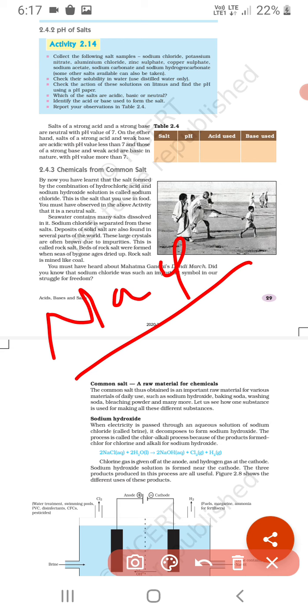As we all know, NaCl is a neutral salt, and it is called common salt. First of all, we are going to discuss sodium hydroxide, NaOH, and how it is produced. This we will discuss in another video.